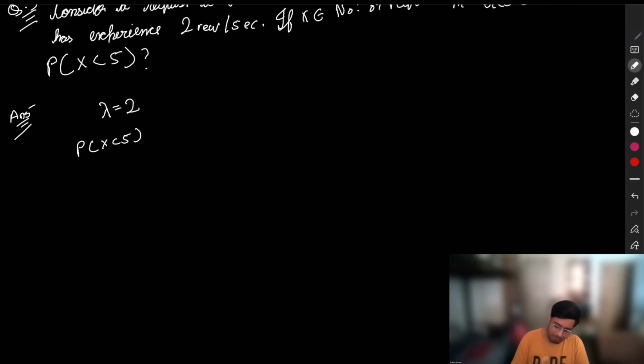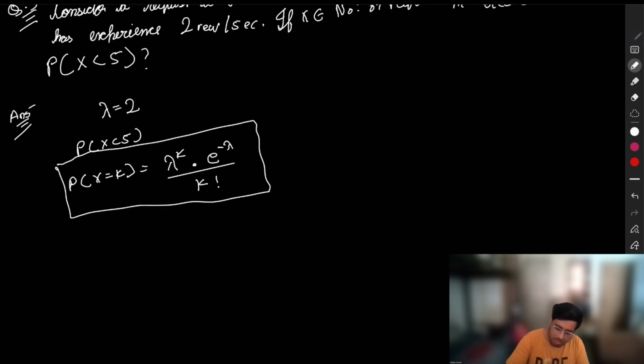First let's write the formula of our Poisson distribution. P(x = k) is equal to lambda raised to the power k multiplied by e raised to the power minus lambda, upon k factorial. This is the equation of our Poisson distribution, but we have to find values less than 5.